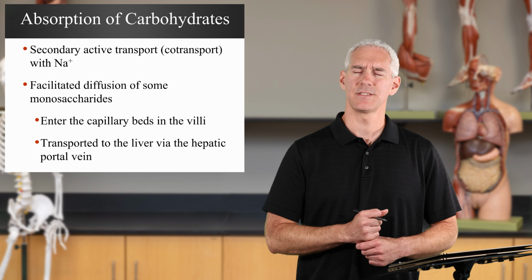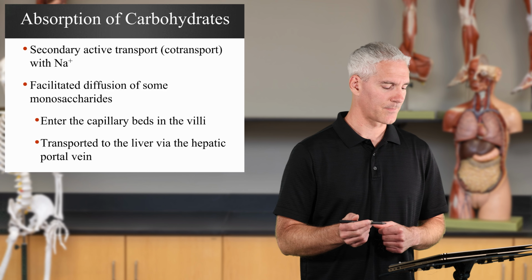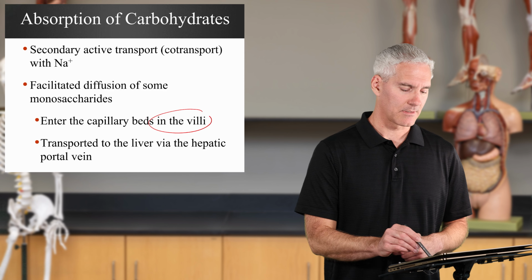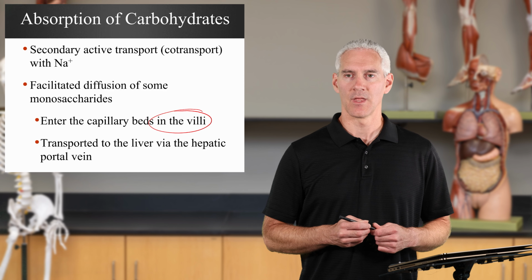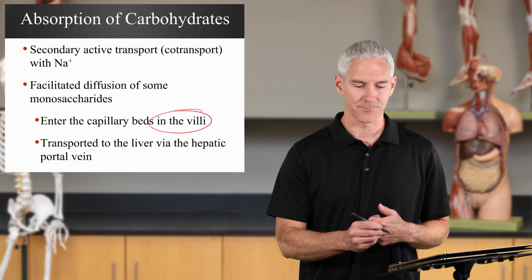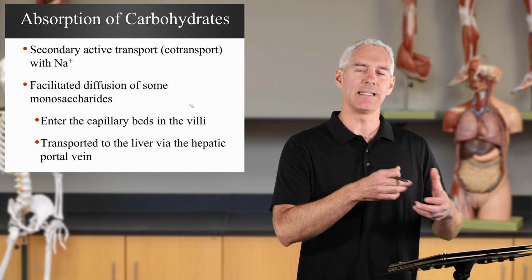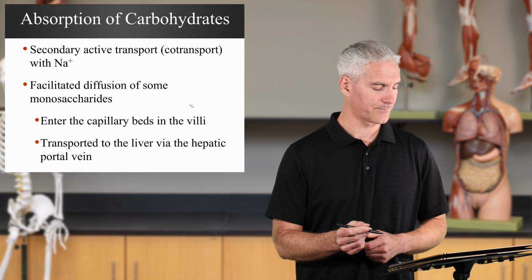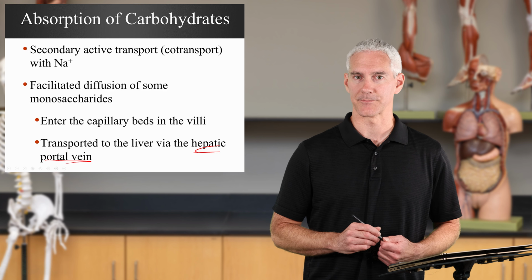There's some facilitated diffusion occurring, but mostly it's this co-transport aspect. You're trying to enter in the villi. You're trying to go into the capillary beds. Again, remember we had those circular folds, the villi and the microvilli. They're all about trying to increase surface area to aid in absorption of these molecules. From there, they're heading to the hepatic portal vein.